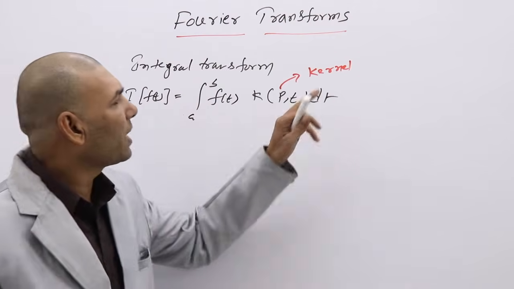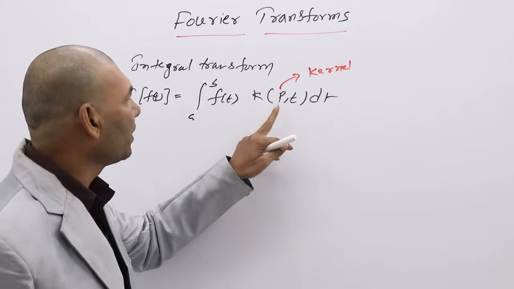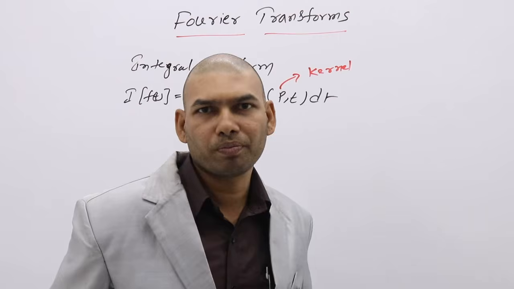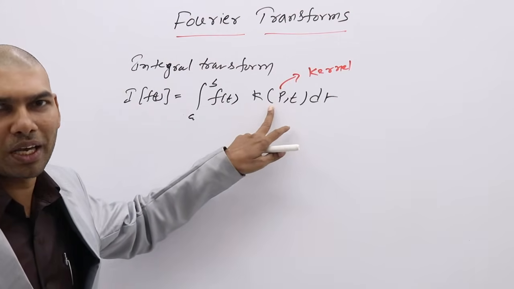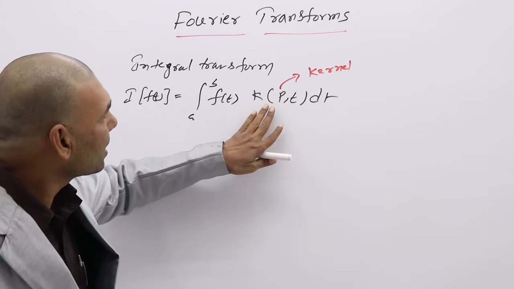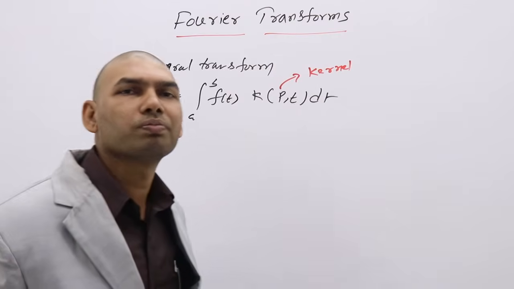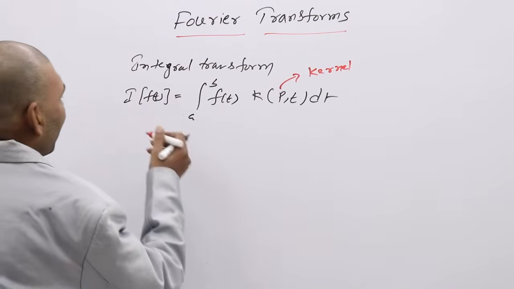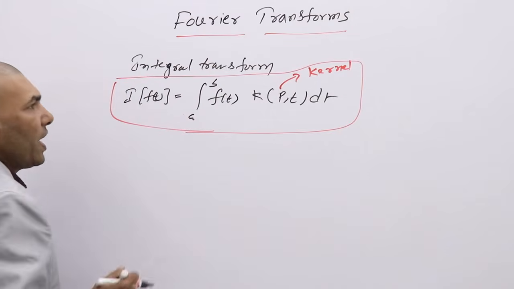If the kernel is e power minus st, when limits are 0 to infinity, we call that one the Laplace transform. When the kernel k of p comma t is e power ipx, we call that one the Fourier transform. So this is the basic integral transform formula from which all transforms were derived.